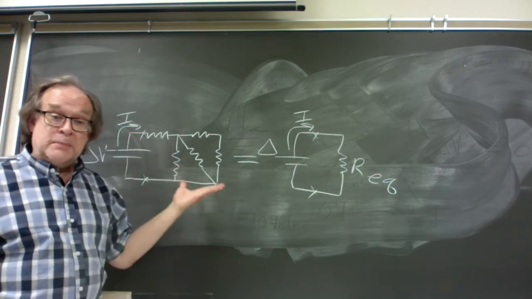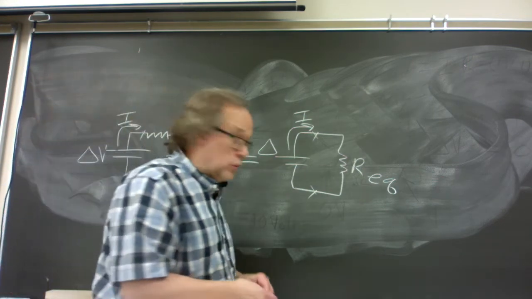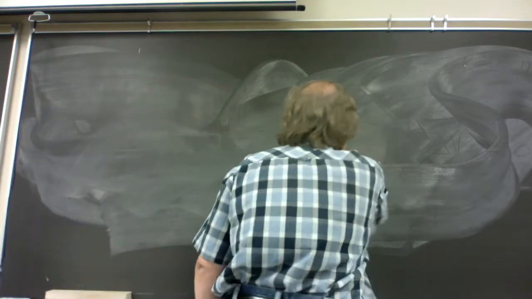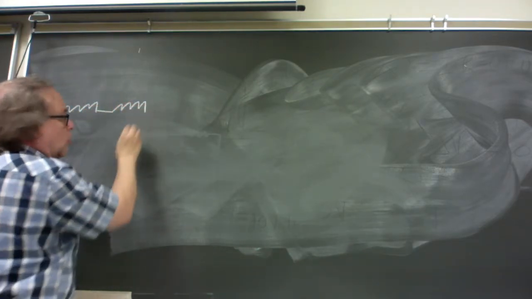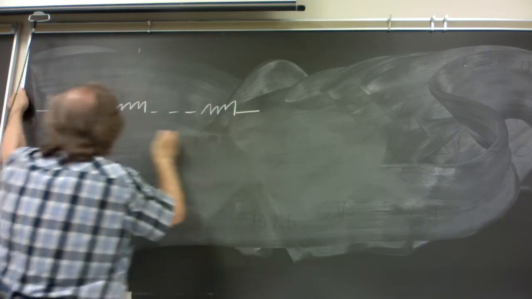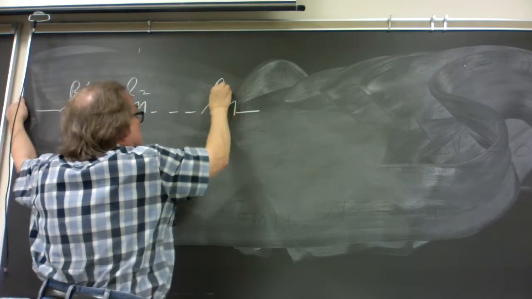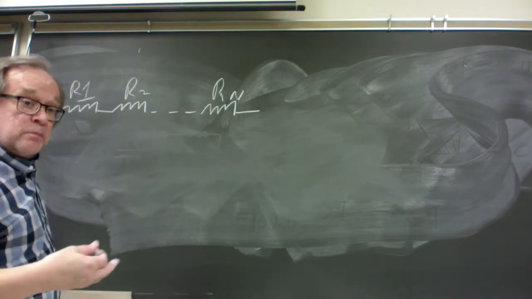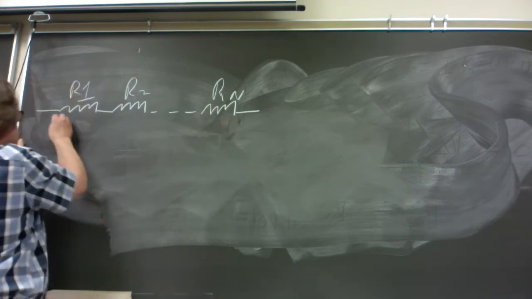And how you actually do simplify is based on two rules. So here are the rules. If you have a whole bunch of resistances all one after another in series, let's say n of them, there is, of course, a certain amount of potential difference between this point and this point.